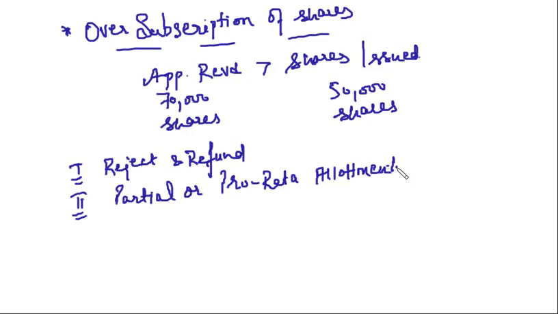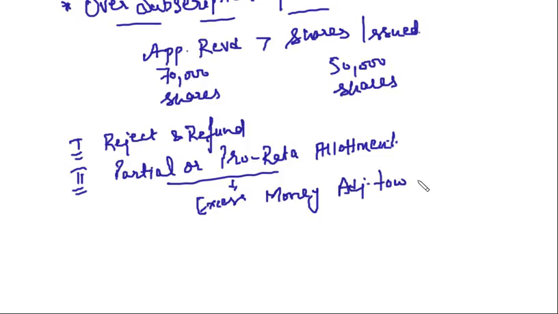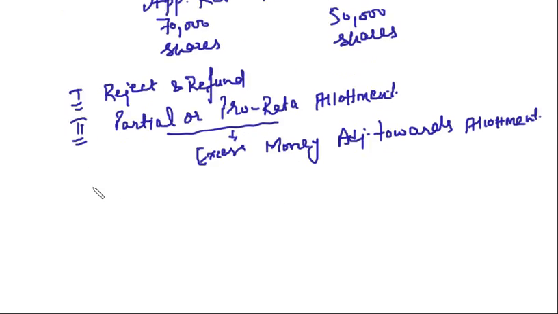So this is how we studied pro rata allotment, and in this case the excess application money is adjusted towards allotment. Now, what was the third case?